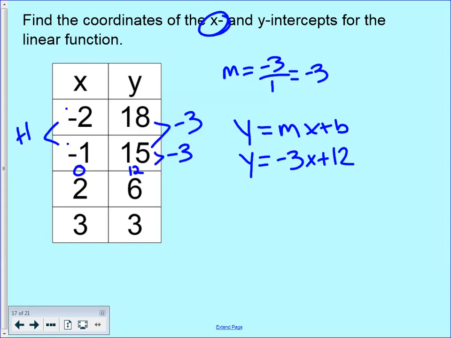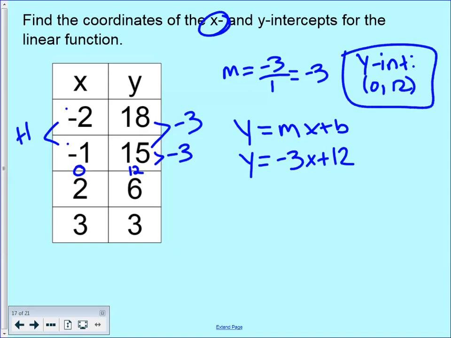I've already found the y-intercept. The y-intercept is 0, 12. But they still wanted me to get the x. So how do I get the x? For an x-intercept, we said the part of the coordinate that's 0 is your y.